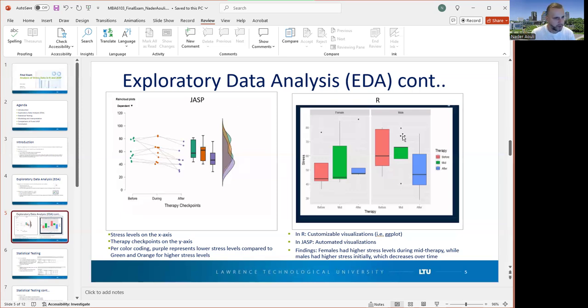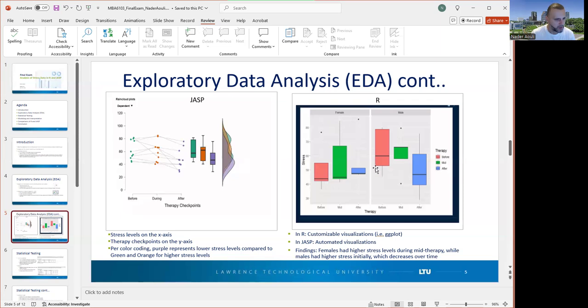Moving to the right, we looked at the same data and created the chart in R. So in R, this was a more customizable visualization, also known as a ggplot. In JASP, this is an automated visualization. Again, as you can see here, the findings, we actually looked at both sexes, females being on the left and males being on the right.